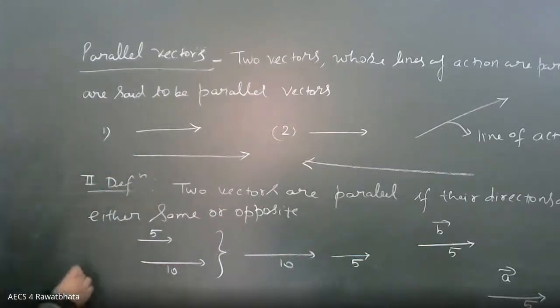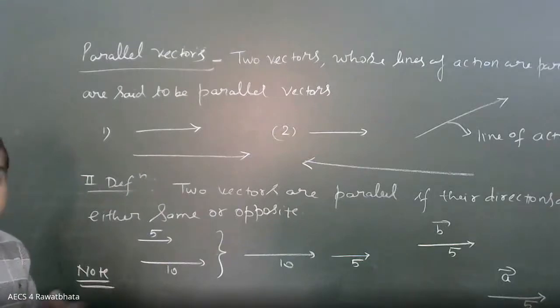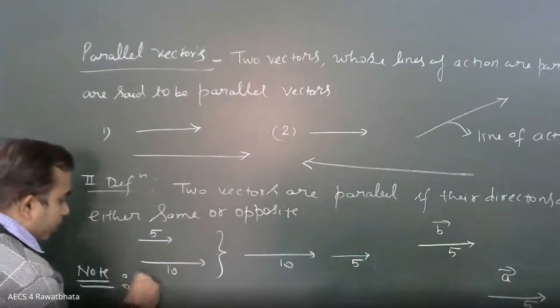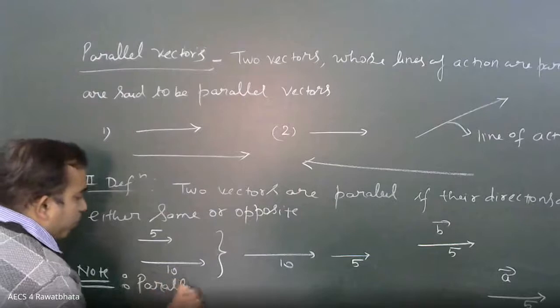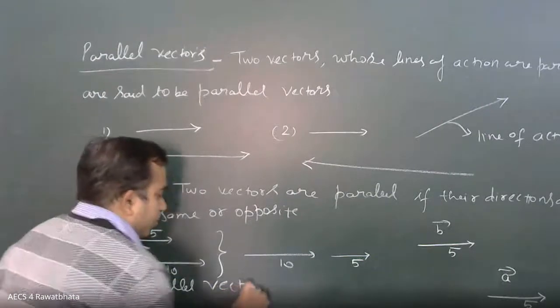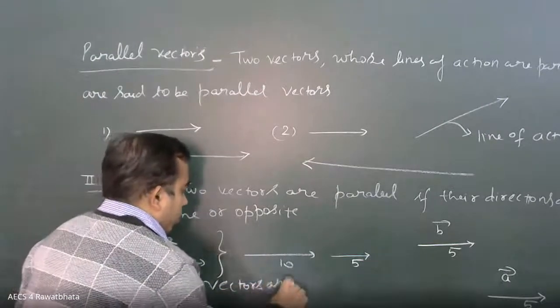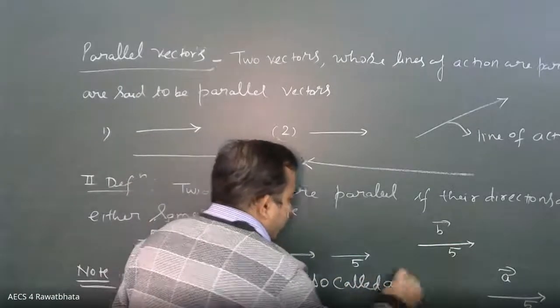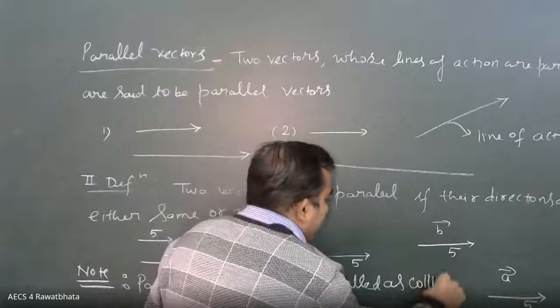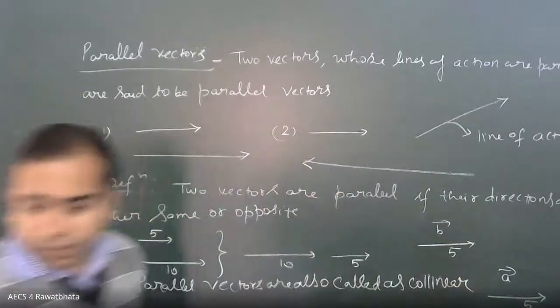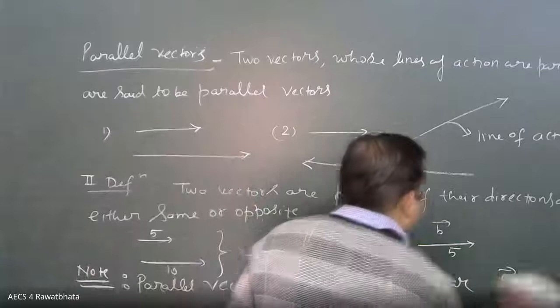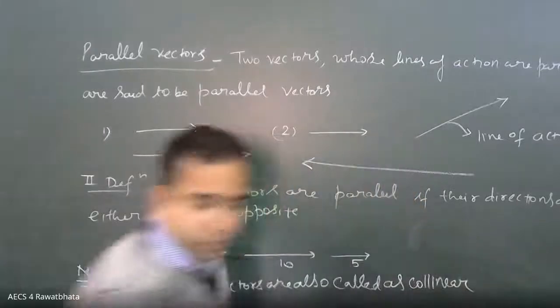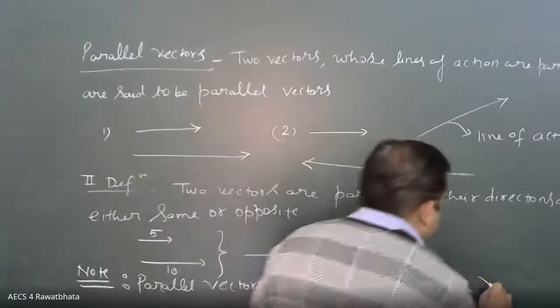That is why there is one more name of these parallel vectors. They are also known as collinear vectors. Parallel vectors are also called as collinear vectors. समझे? कोलिनियर वेक्टर्स.